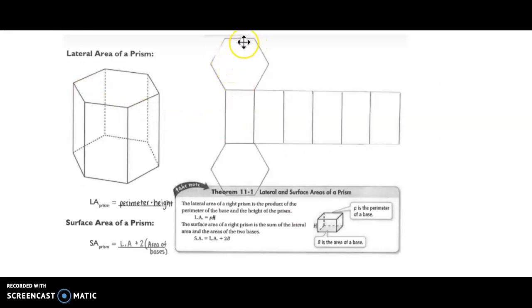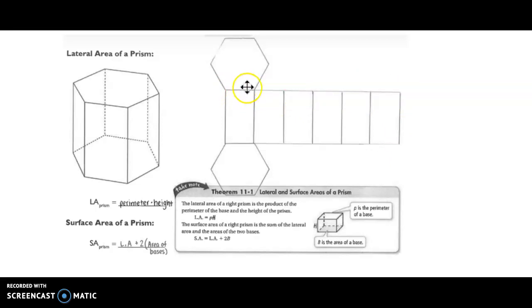This actually would have been pretty neat if we did it in class. When you look at this hexagonal prism, if you were to cut the top and the bottom, all of these lateral faces, the sides around it, actually unravel to a rectangle. And so the lateral area, which is LA, is actually the perimeter times the height.